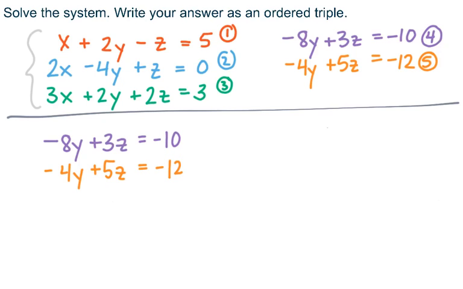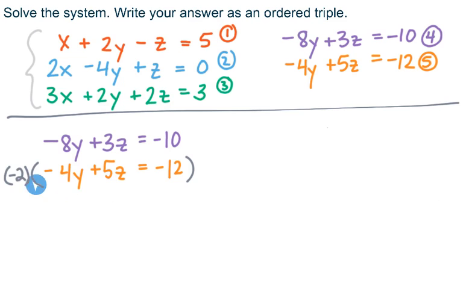I need to choose a variable to cancel. To me, since 8 is a multiple of 4, I think canceling y makes more sense. I'm going to choose to multiply this bottom equation by the scalar value, which is non-zero, of negative 2.